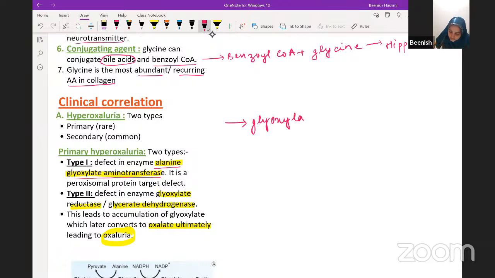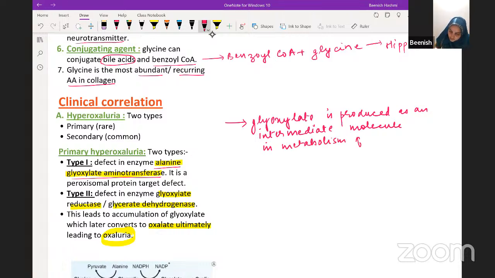Your glyoxylate is produced as an intermediate in the metabolism of hydroxyproline, glycolate, and glycine.